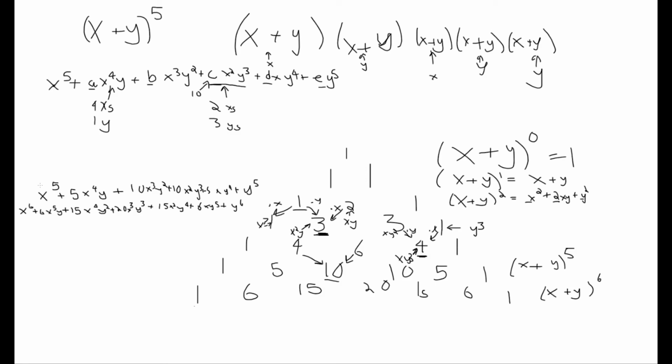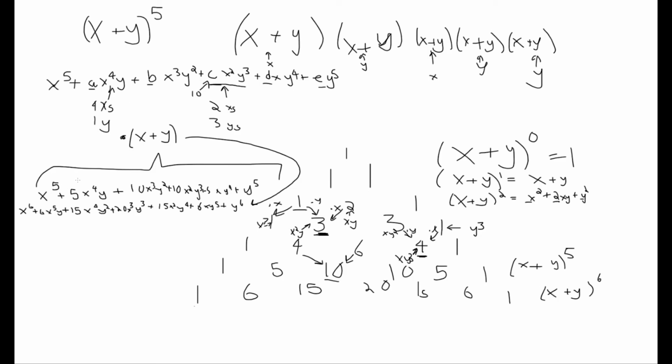But anyways, if we multiply this expression by x plus y, then we're going to get this expression, right? So each of these terms is going to be multiplied by x and y once.